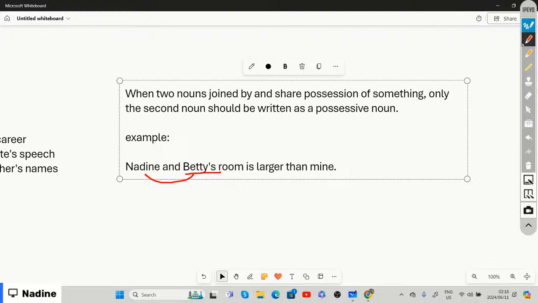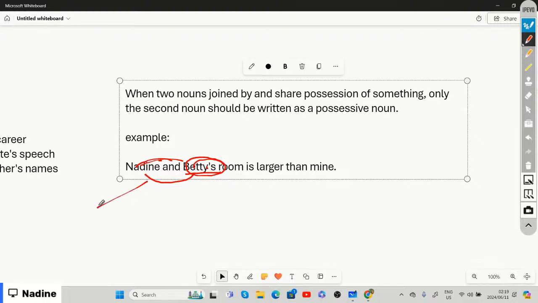And when two nouns are joined by and, but they do not share possession of something, then both nouns should be written as possessive nouns. In the case of Nadine and Betty's room, the two of them share one room. It is both of their room, and that is why we only show the possession by the second one.